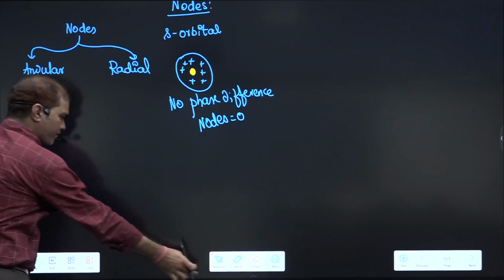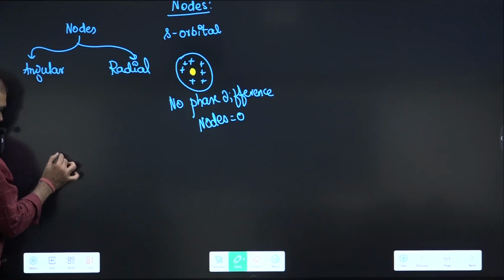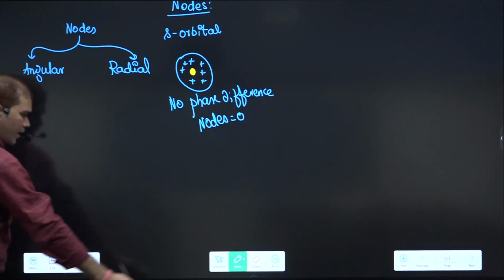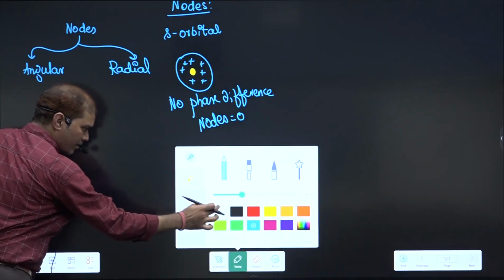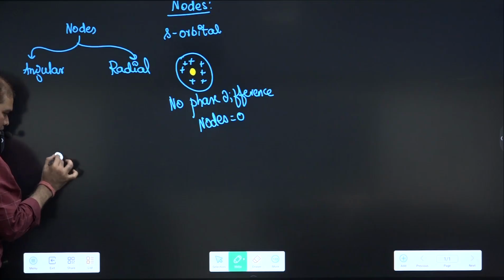Next point. Angular node is present within the orbital.